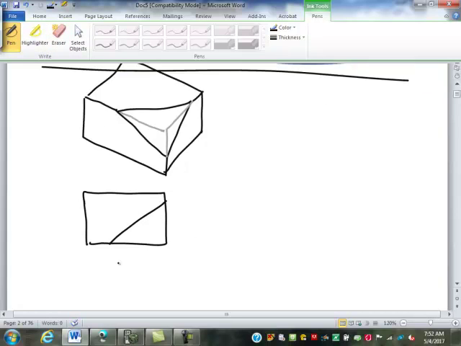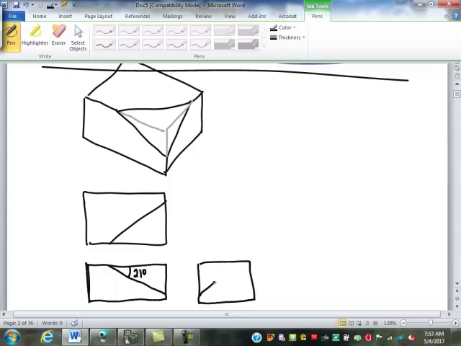Something like that. Looking at it from the front, let's say this angle here is 21 degrees. Looking at it from the right end, that angle there, we're going to go at 32 degrees.